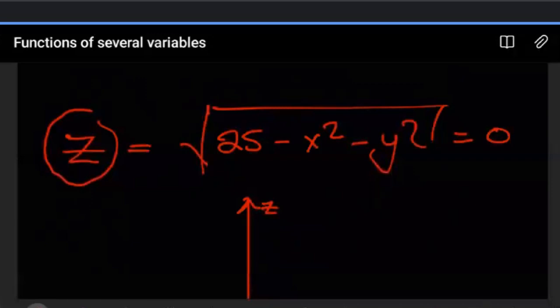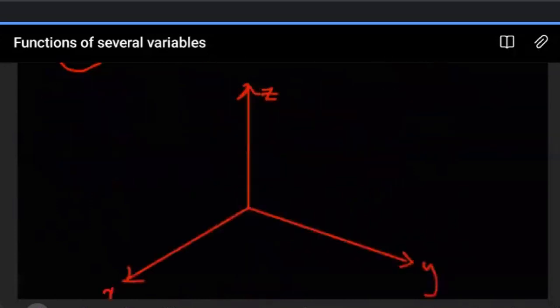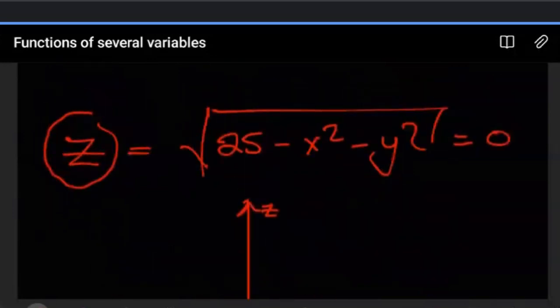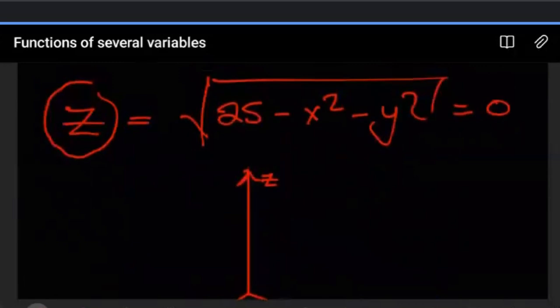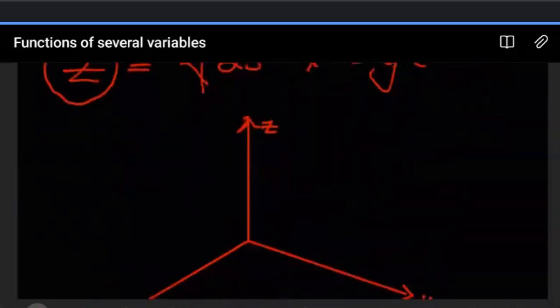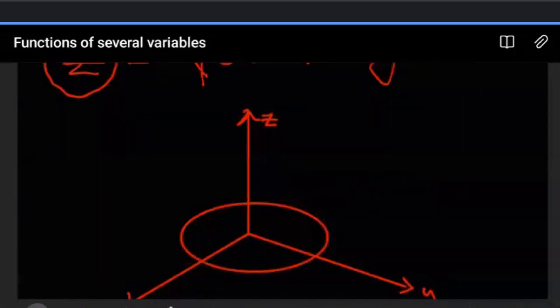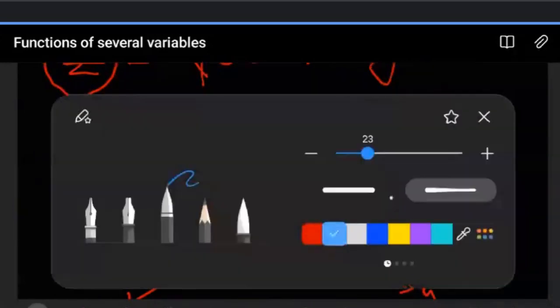But the smallest possible solution is when z equals 0. So z equals 0 becomes the smallest possible solution, and so what we'd expect is that there is a maximum somewhere this side, at the base somewhere that side, so that this is the radius of that sphere.